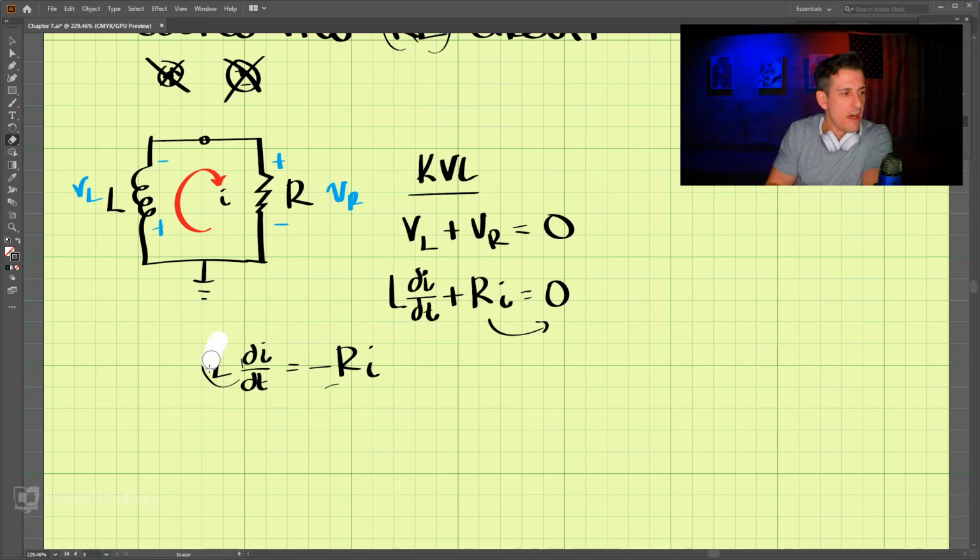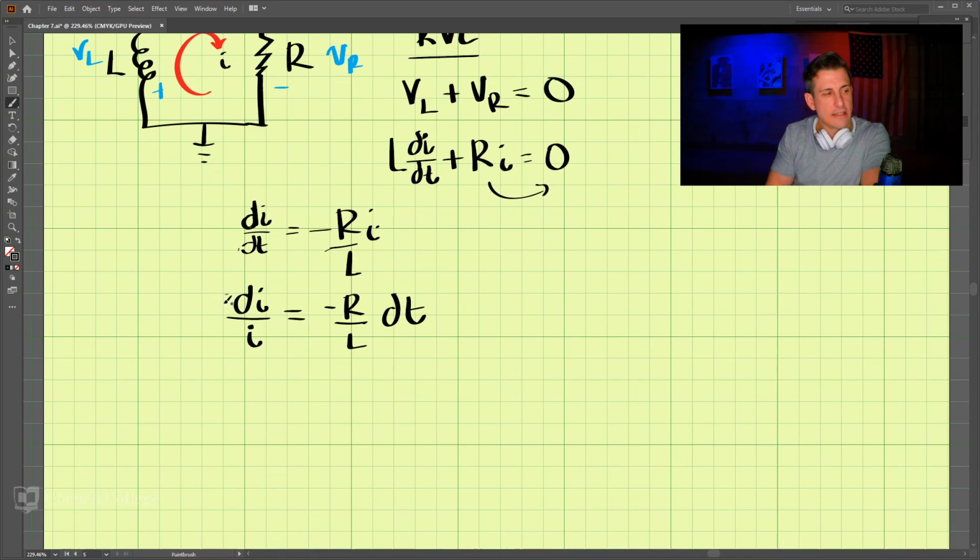So that is negative R over L times I. Now let's move the I to this side, and we'll move the dt to the other side. So we have di over I is equal to negative R over L times dt.